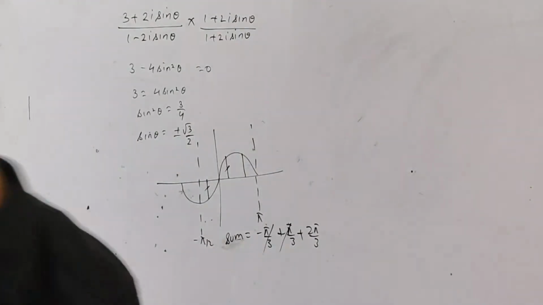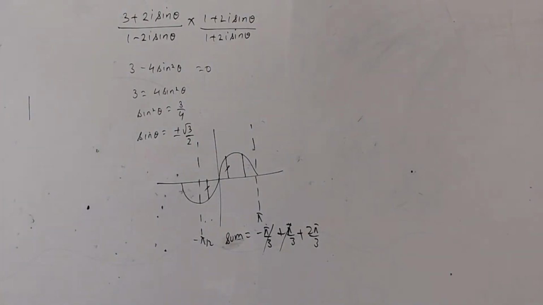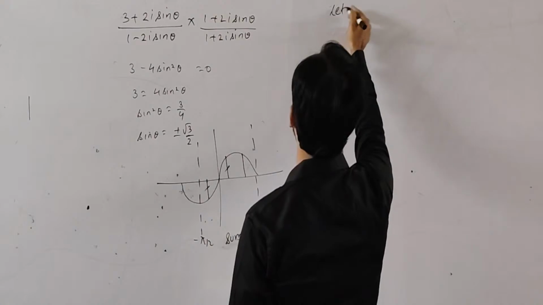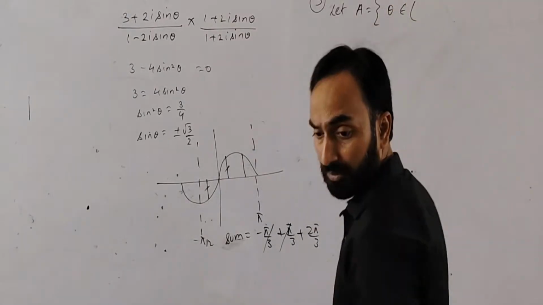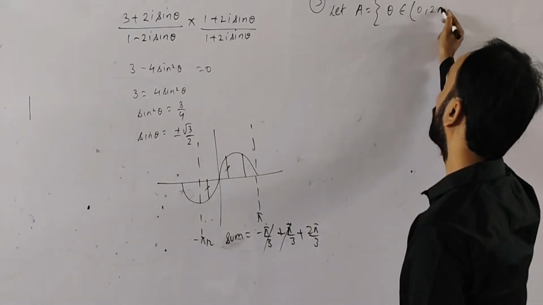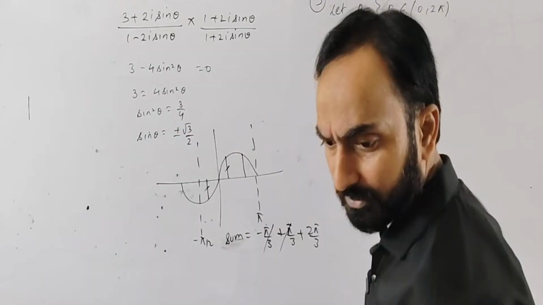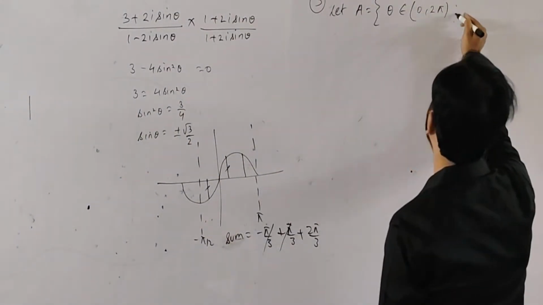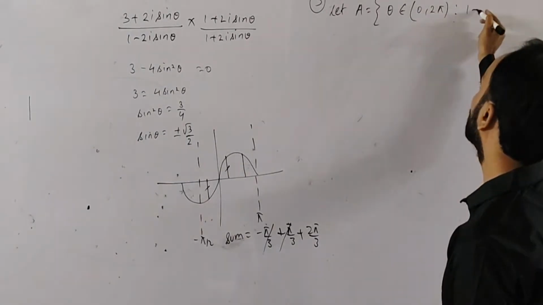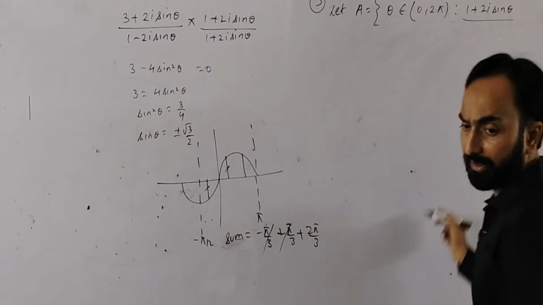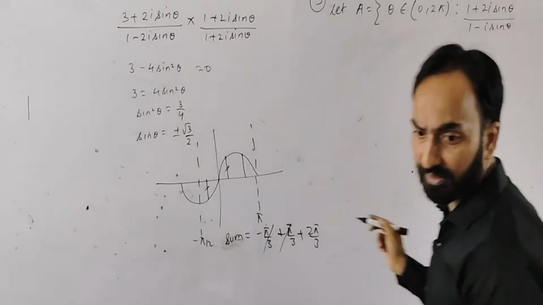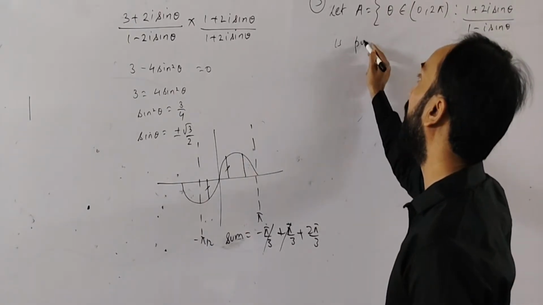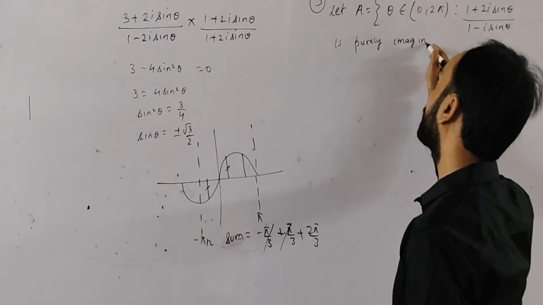Let's see what is problem number 3. Let A be the set where theta belongs to 0 to 2 pi, such that (1 plus 2i sin theta) divided by (1 minus i sin theta) is purely imaginary, correct?